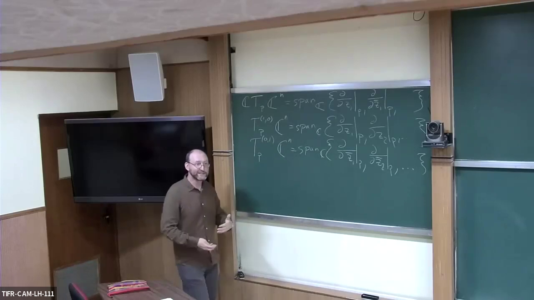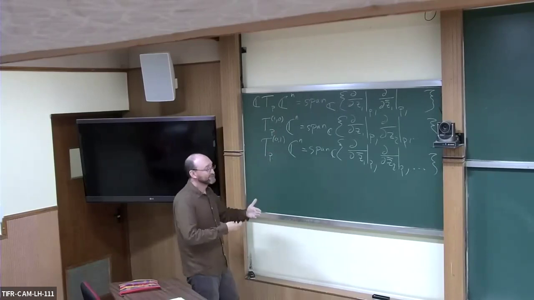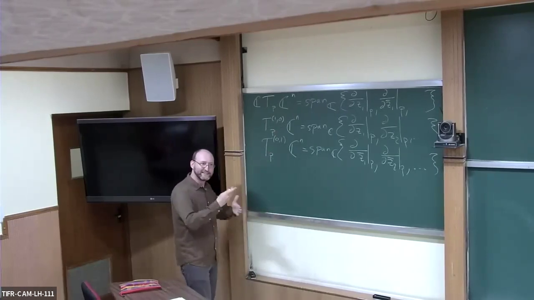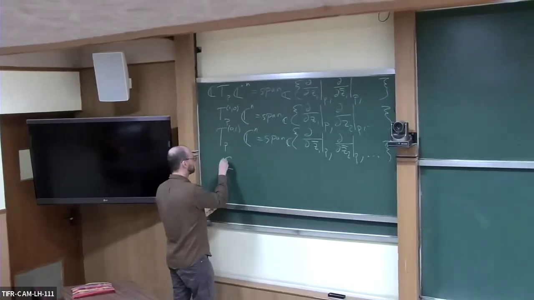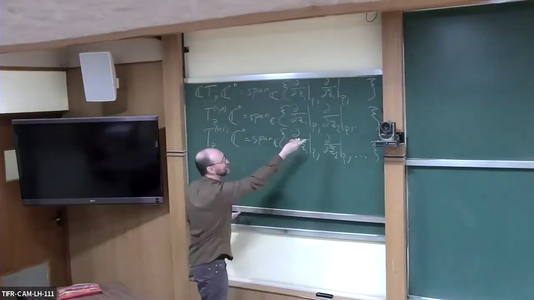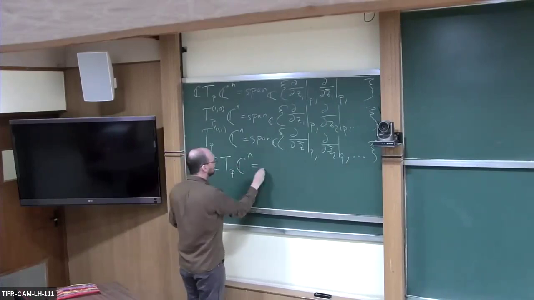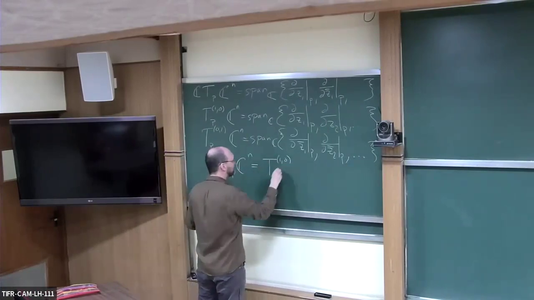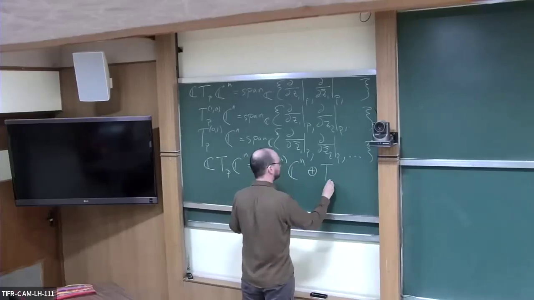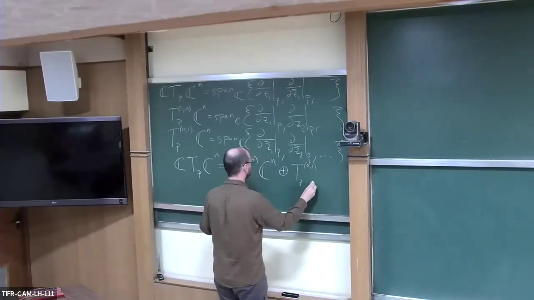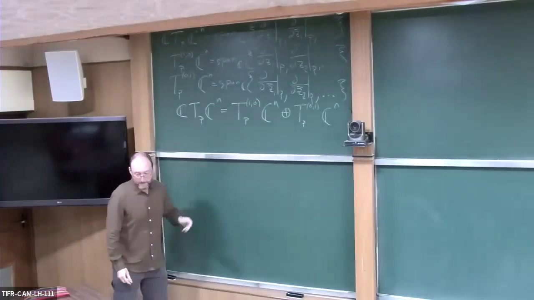But if we're doing CR geometry, we need to worry about both of them, because we need to worry about the interaction between the real and the complex. So if we write this, then obviously, because this is the span of all of these, the complex tangent space is just T^{1,0} ⊕ T^{0,1}.